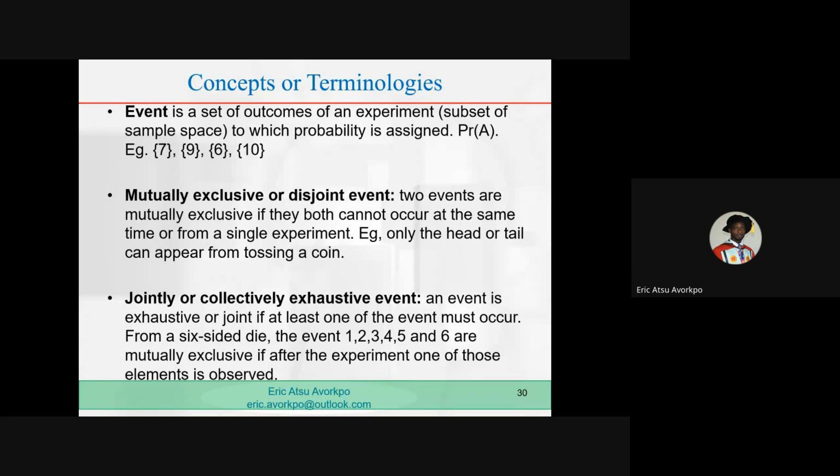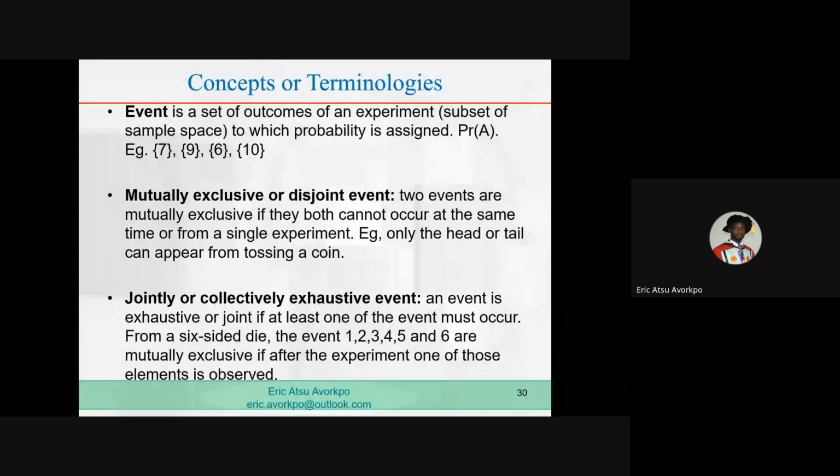So the part of the sample space to which we are assigning the chance that it might occur or might not occur, that portion of the possible outcomes to which we assign a certain probability, is what we are calling an event.